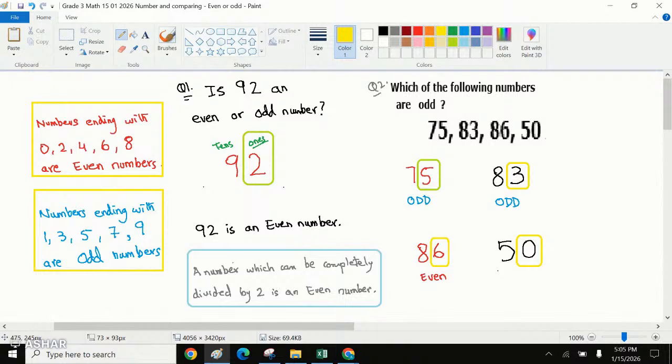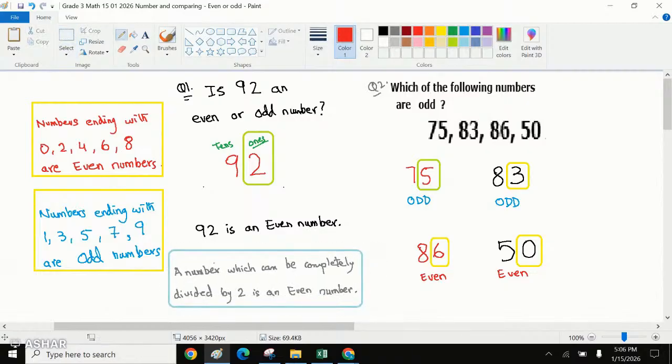Agreed? So this is how we compared the 4 numbers together, and we found out which number is even and which number was odd. Agreed?